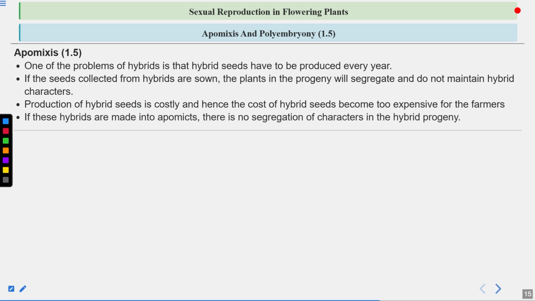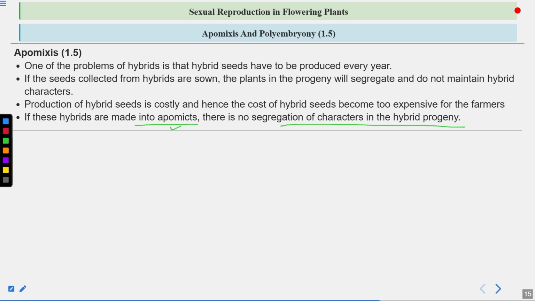So if these hybrids are made into apomictic, what they are saying is that if these hybrids are used to make apomictic seed, then there is no segregation of character in the hybrid progeny.